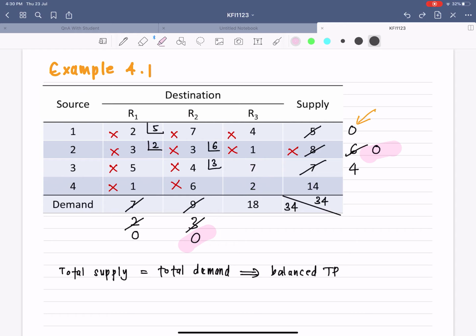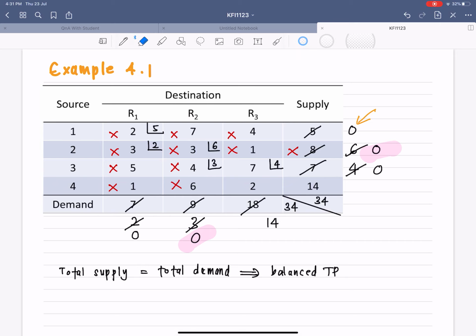So we will allocate a value based on these two values, 4 and 18. 4 is less than 18. Therefore, we will allocate 4. So 4 here. 4 minus 4 is 0. 18 minus 4 is 14.